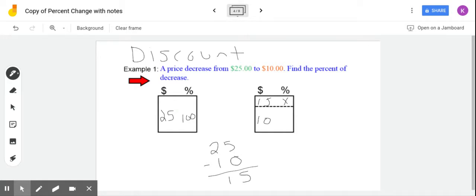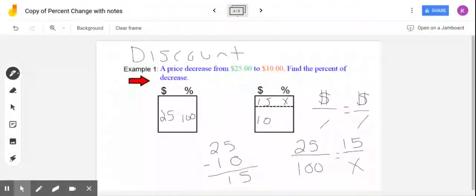Now we can make a proportion. We're going to put the money over a percent equals the money over a percent. So I have 25 over 100 equals 15 over X. The money over the percent, the money over the percent. Now I'm just going to solve that proportion.